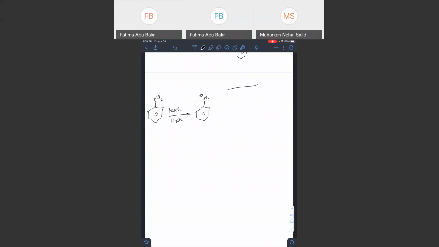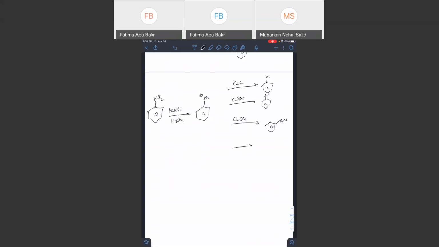The first thing you could do is react it with CuCl, and that'll just change it to a Cl. The second thing is CuBr. So this is just your halogens, right? Same thing, Br. Then we have CuCN, and that'll change it to a CN.